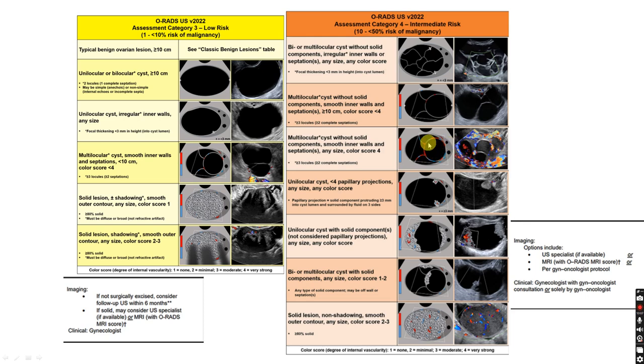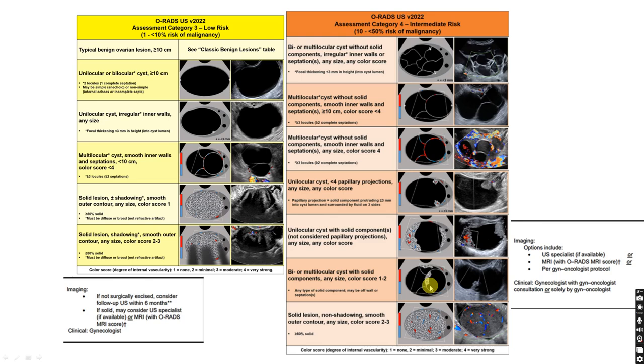Then the third is a multilocular cystic lesion showing intense vascularity. Septa are showing intense vascularity, so size doesn't matter here. Then this is the lesion which is showing less than 4 papillary projections. Then this is a unilocular lesion, but it is having a solid component.